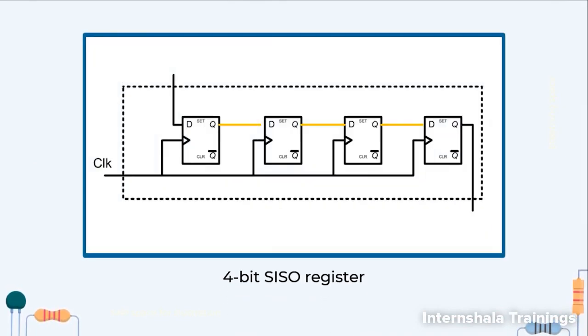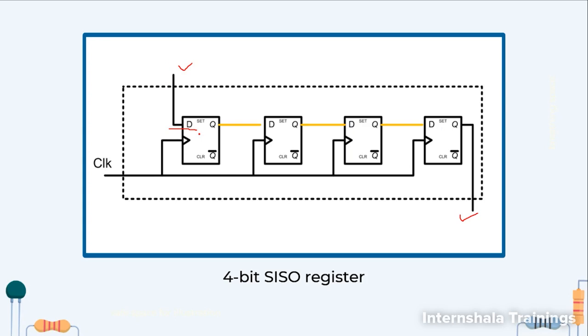So first of all, we have a serial in, serial out 4-bit register. Here we can see that there is only one input pin and one output pin. The data can be loaded only 1 bit at a time. This data will come to the leftmost register.